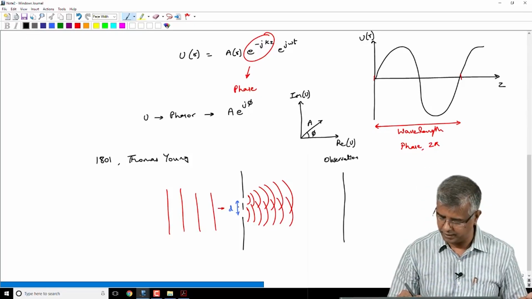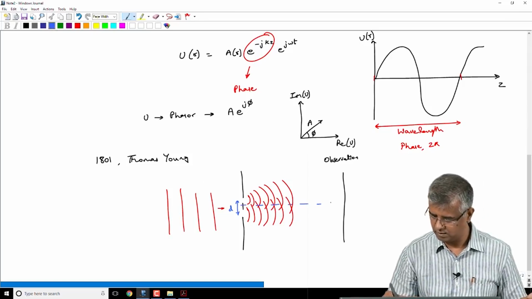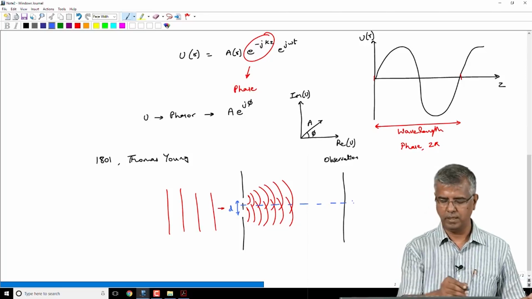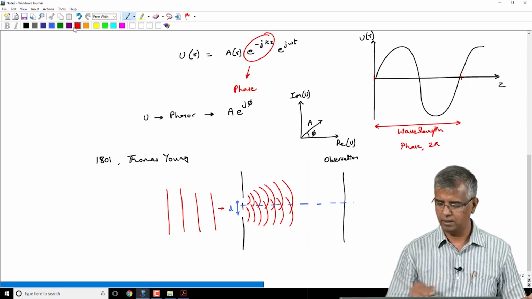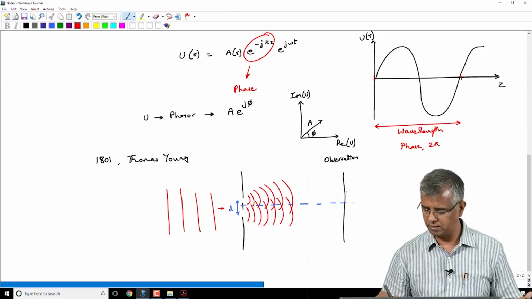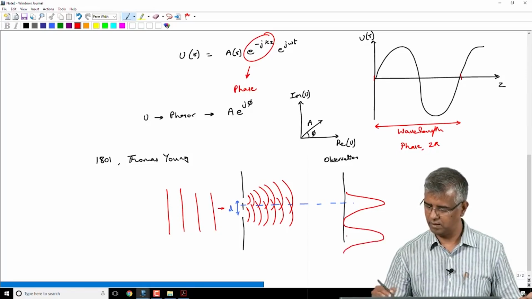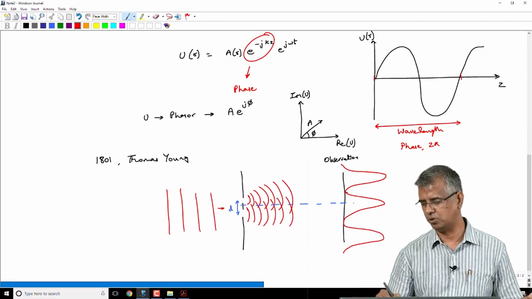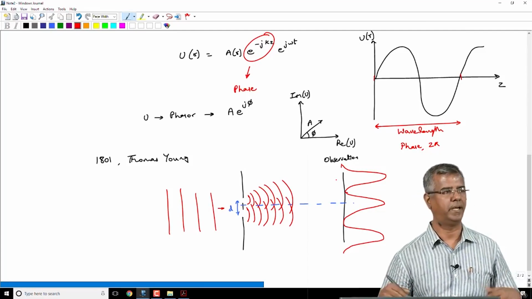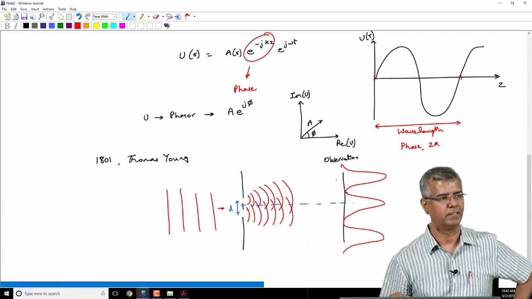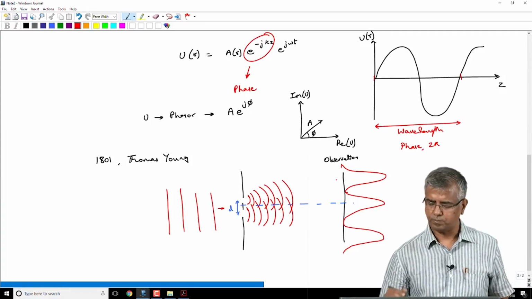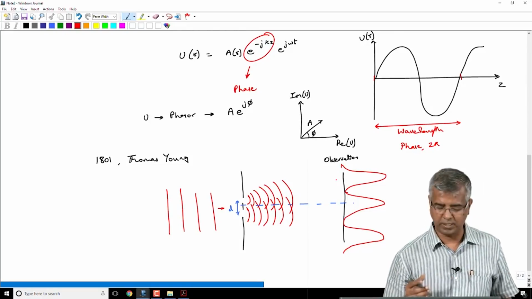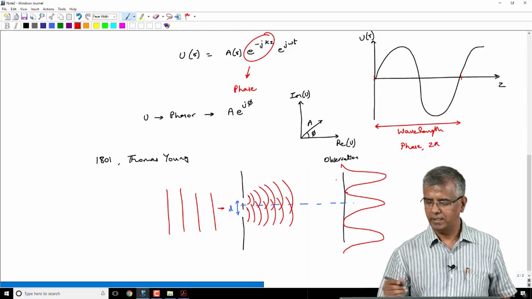Let us define an optical axis that goes through this, and what you see on this side is a fringe pattern like this, which goes to maximum and minimum alternately. So how do you explain this fringe pattern?